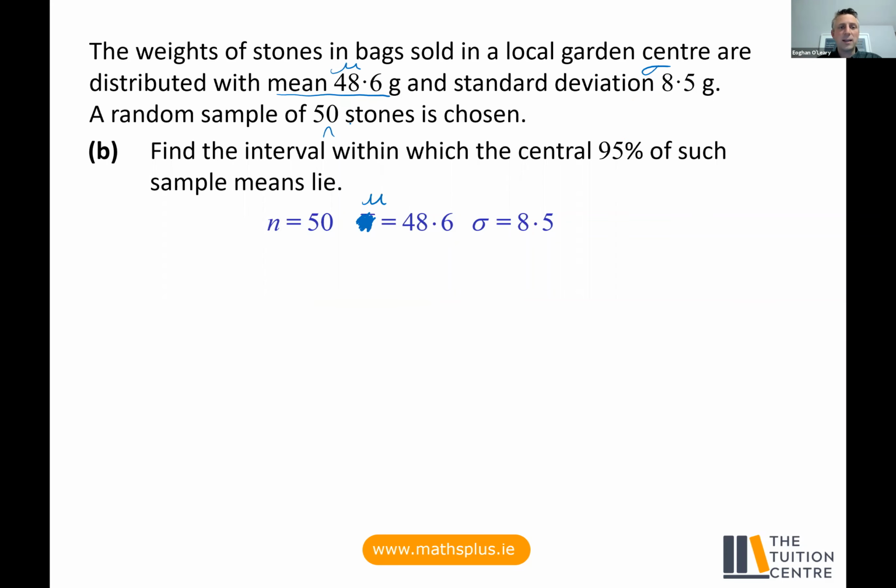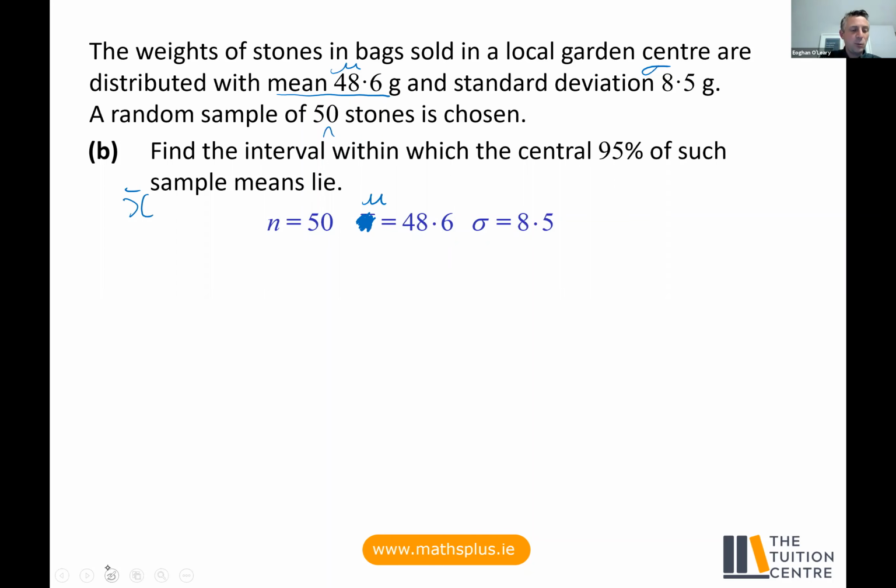So we're saying, find the interval within which 95% of such sample means lie. The sample means are the X bars. What is the interval of those X bars that would contain 95% of all values?